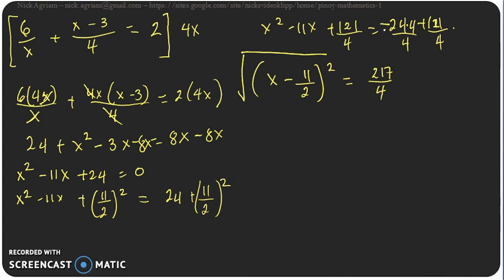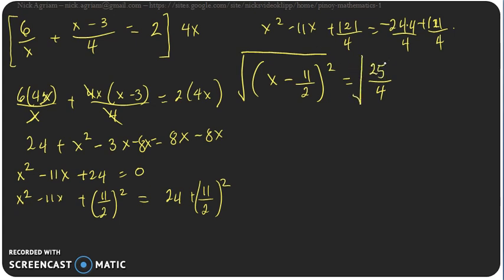It should be negative 24, sorry. So 121 minus 96 is 25.